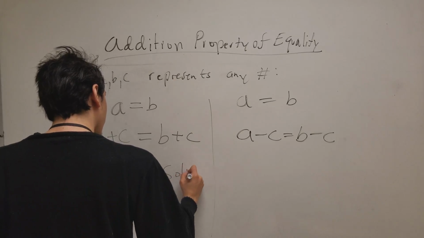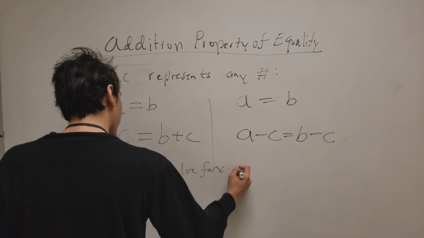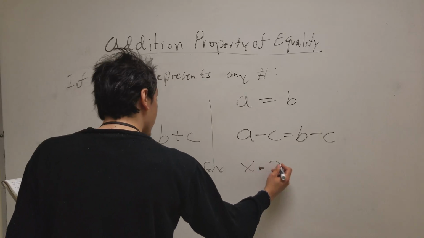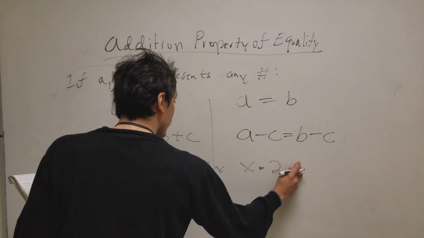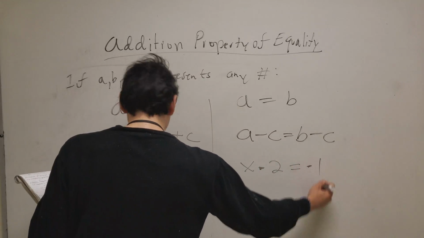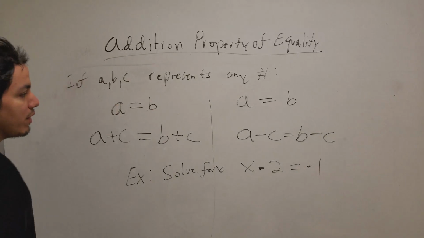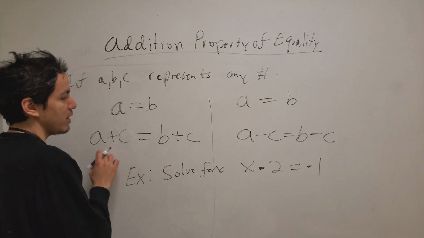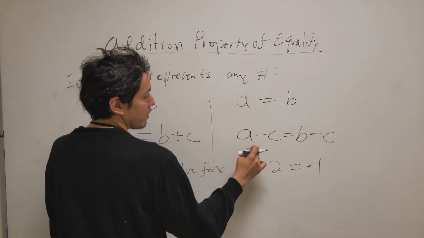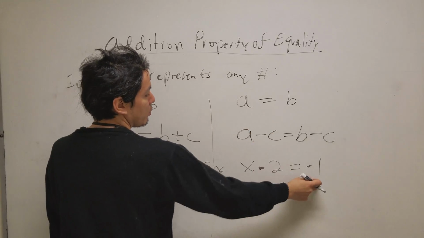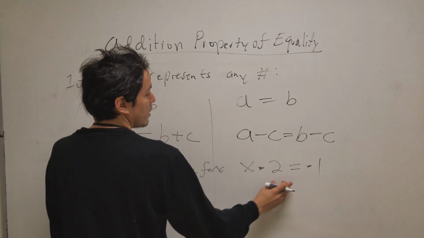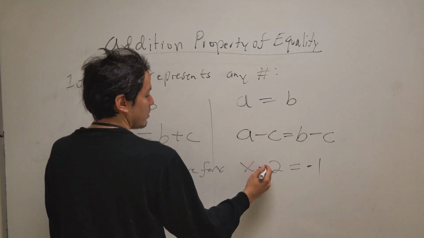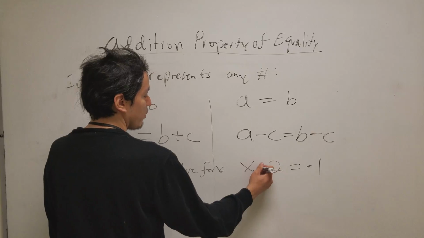If I said solve for x, where x minus 2 equals minus 1. So it's the same format where you have something equal to each other, but for this to work, you have to do something to make everything work.